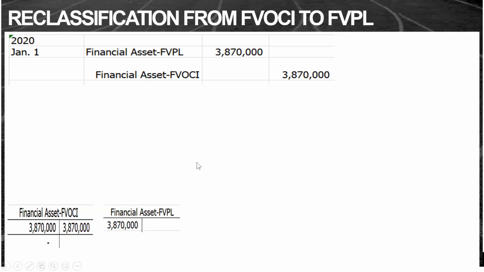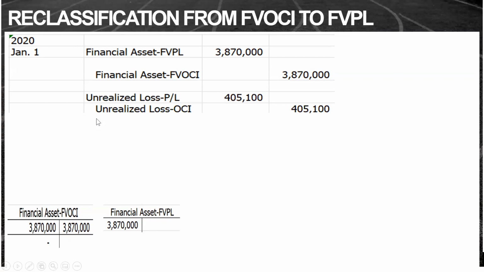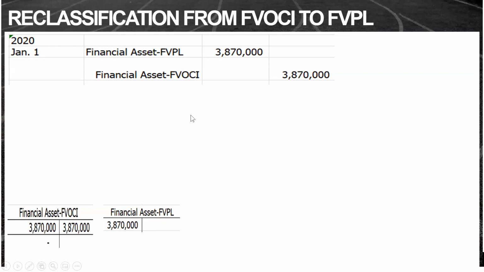After that, we come to the interest payment date. Another thing that you have to do when reclassifying from FVOCI to FVTPL is to close your previously recognized unrealized gain or unrealized loss OCI. We transfer it to the unrealized gain or loss which will now be reported in your profit or loss.